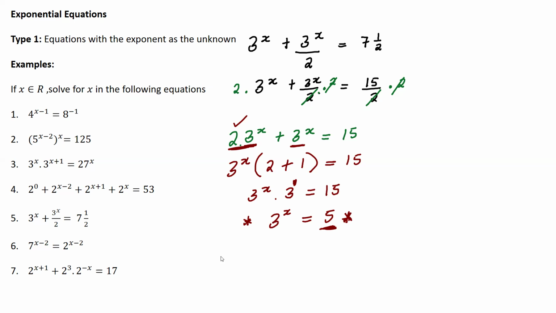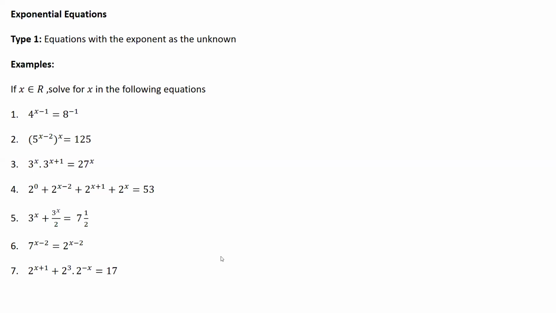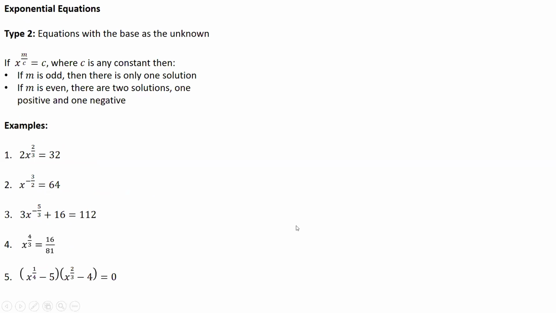I want to show you something on the second type of equations. Type number 2 says these are equations with the base as the unknown. These are the equations where the base is not known. Now, look at the difference between what I'm going to write here: 2 to the power x is equal to 8, and then x to the power 2 is equal to 8.